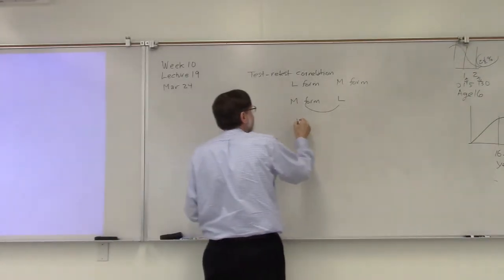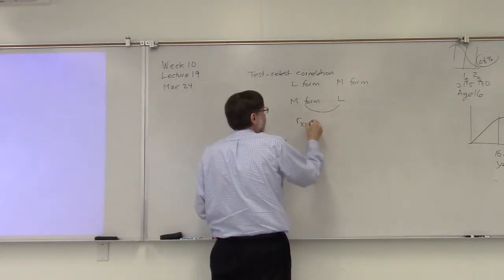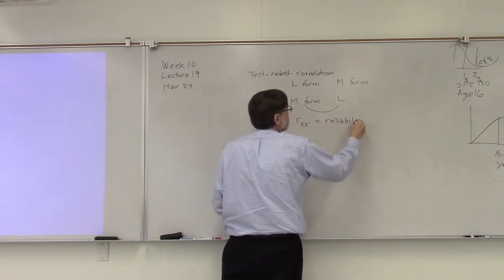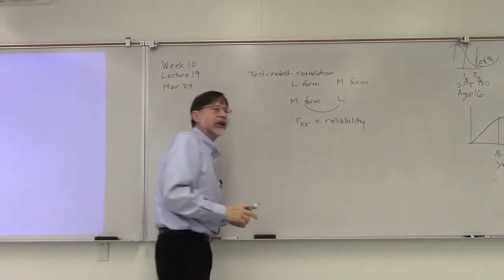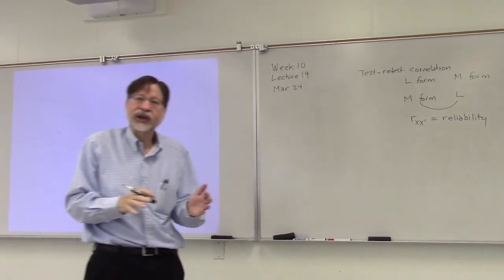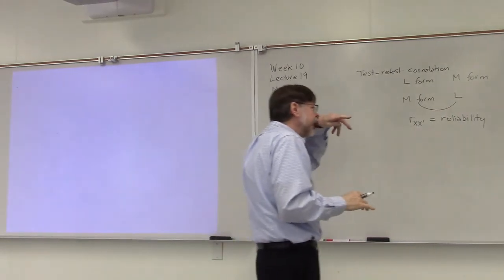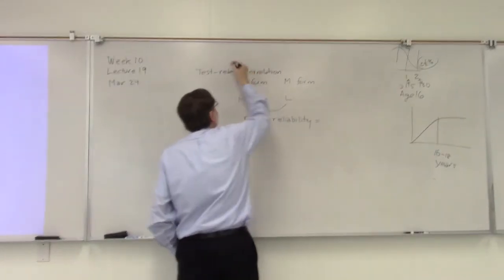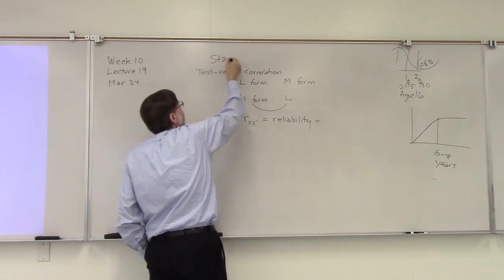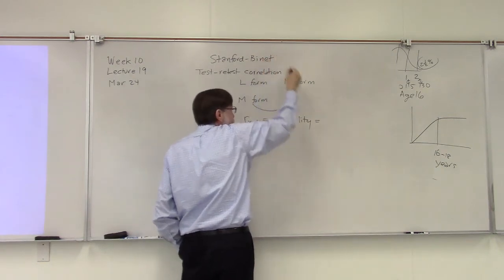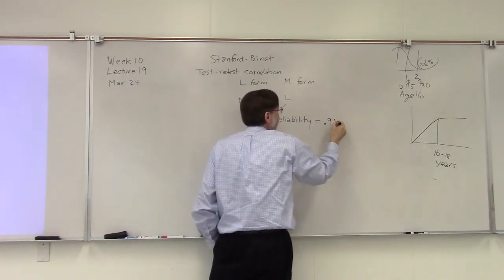So the correlation, rXX', is a measure of reliability. That's how well can you predict from one administration of a test to another version of the same test, in this case using different items. And it was estimated for the Stanford Binet at about 0.95.